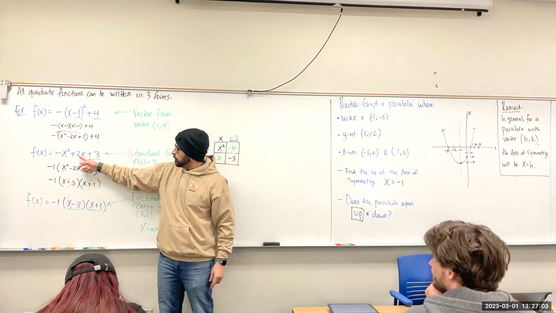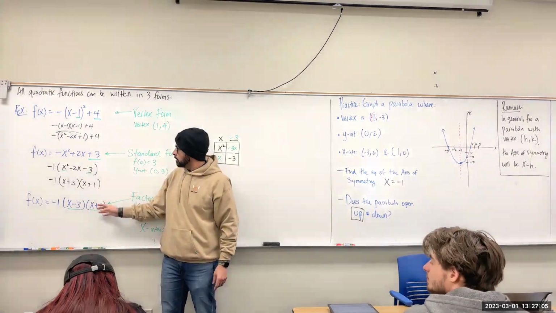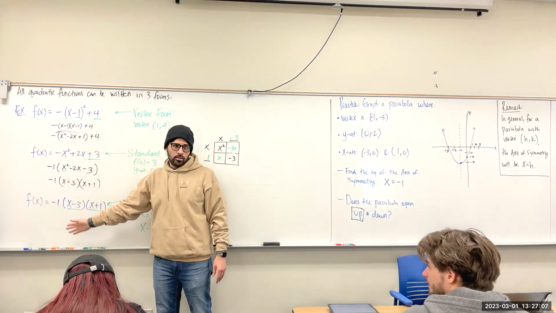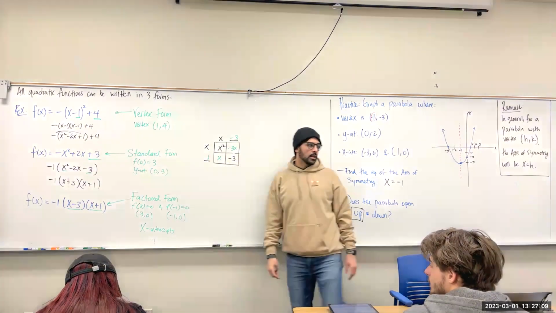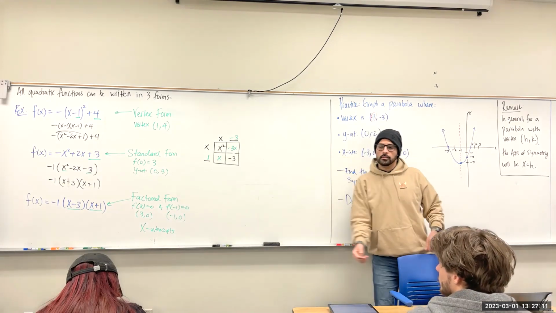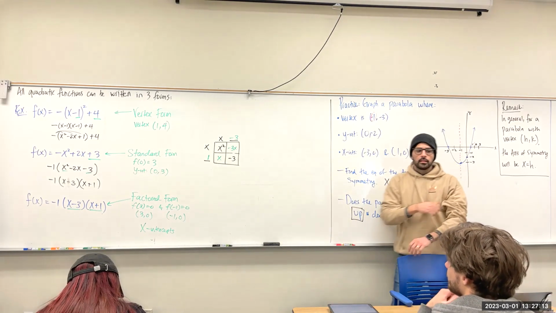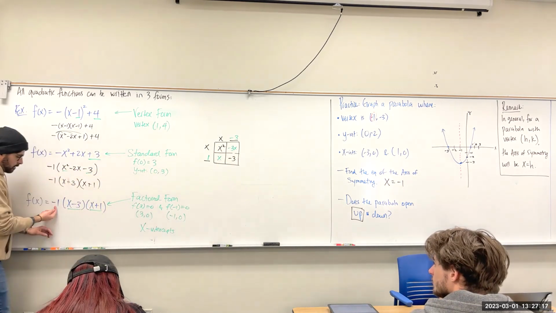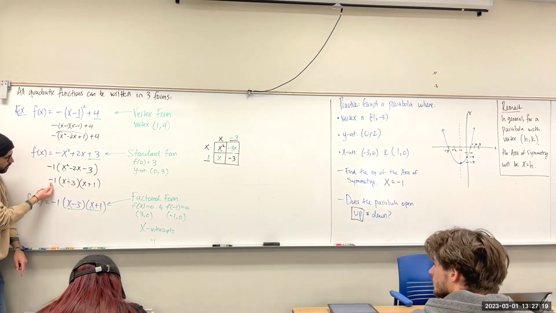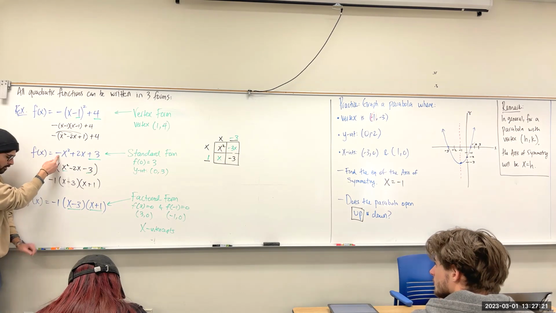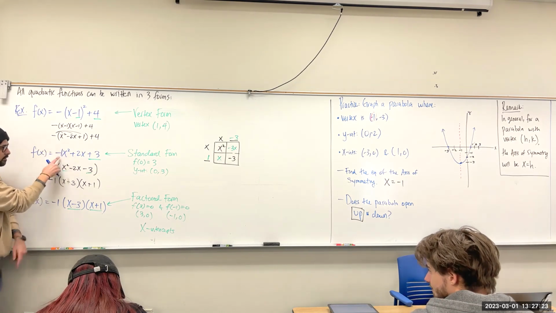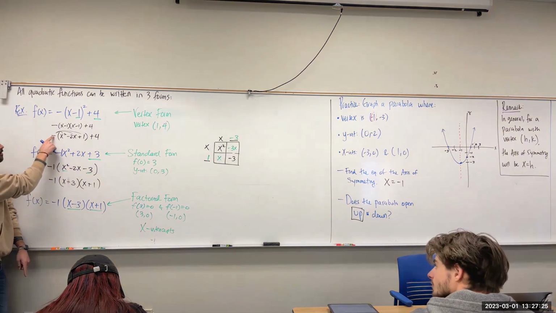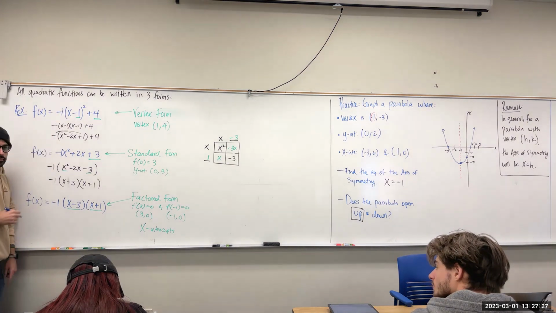You guys see how there's like all these coefficients that keep changing? What is one thing that did not change? Can you guys see something that did not change throughout that whole process? Squared. The negative one. The -1. That -1 is this -1, which is this -1, which is this -1. Which is this negative, which is this negative, which is this negative.